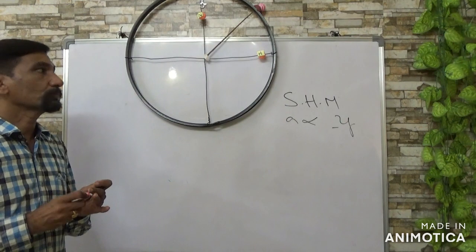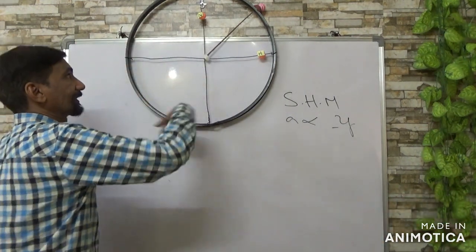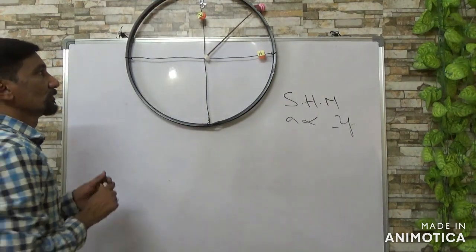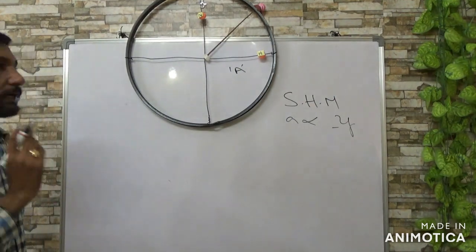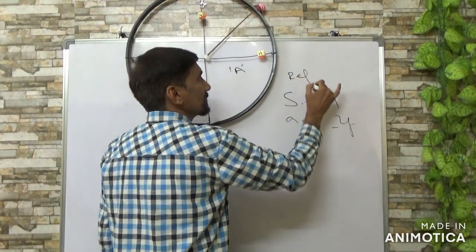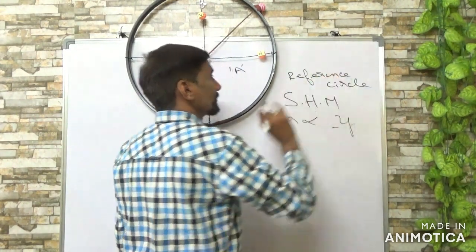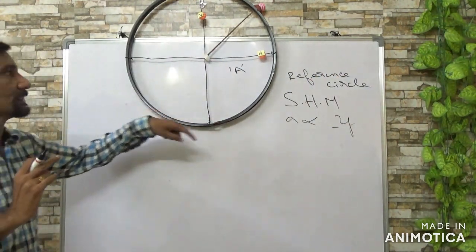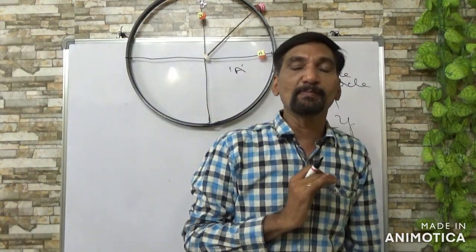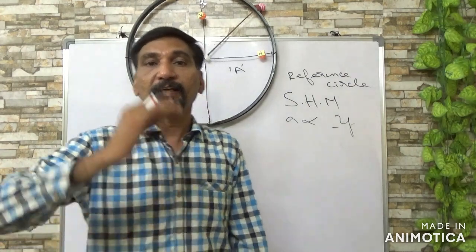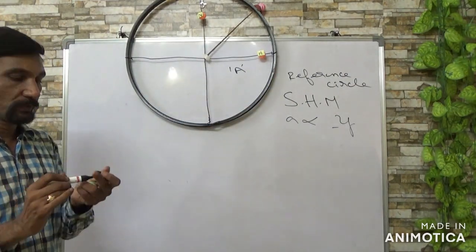Let us assume a circle of radius A, called a reference circle. The purpose of this circle is to find the displacement of a body when it executes simple harmonic motion.